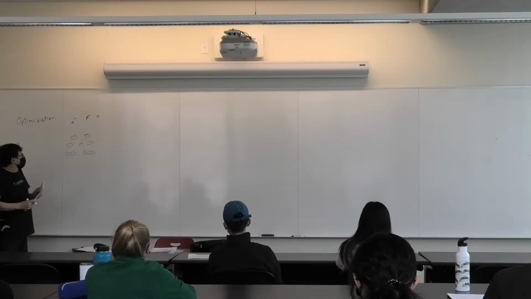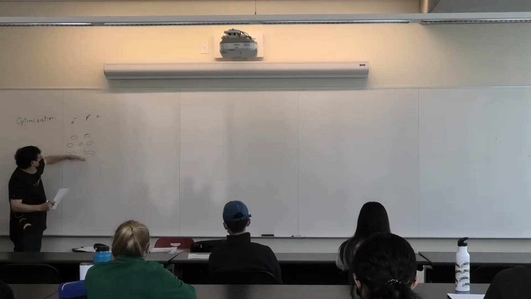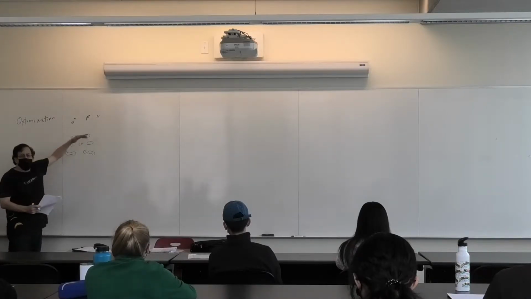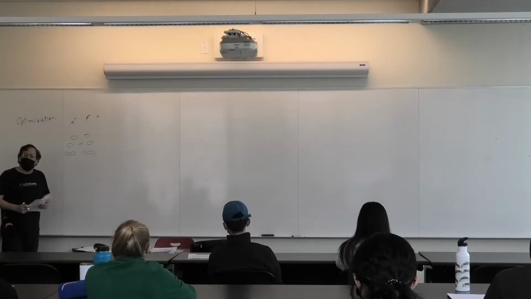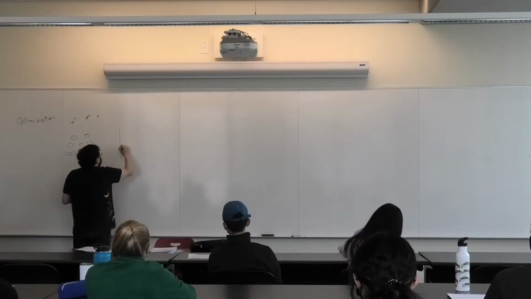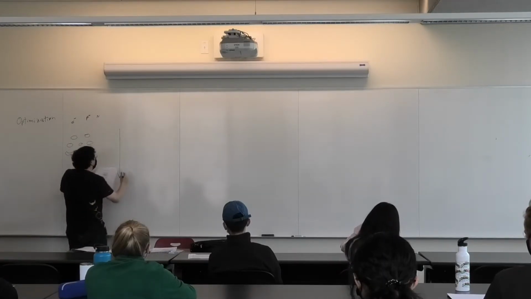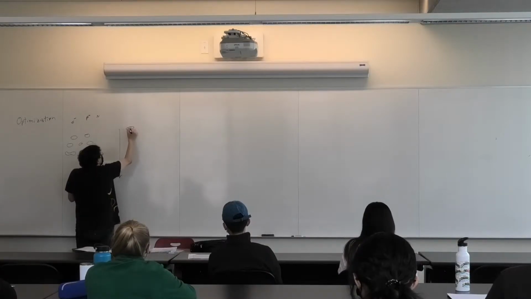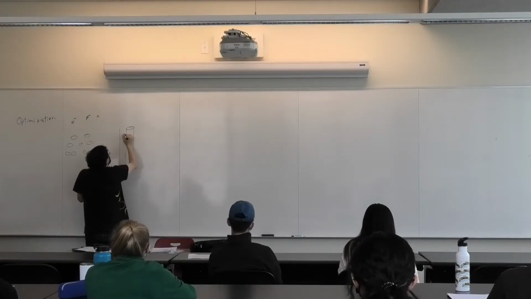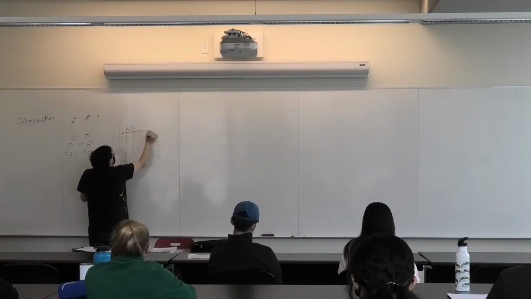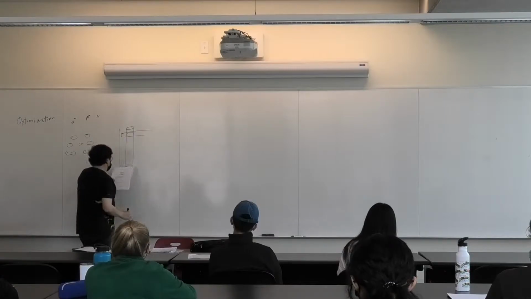Well, if you think of these particles as moving through time, what you have is a surface, which is like a cylinder. And if you take a cross section here, you're just going to see a string.